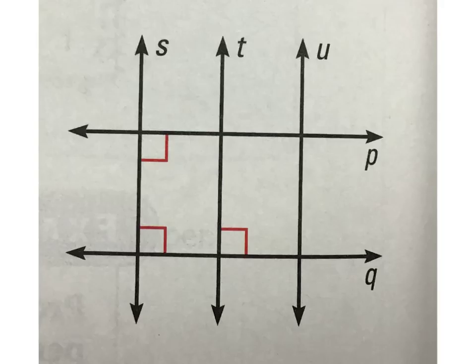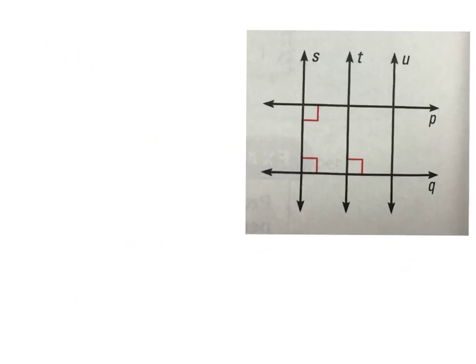So let's look at example 3. So we have our diagram. Determine which lines, if any, must be parallel in the diagram, and explain your reasoning.